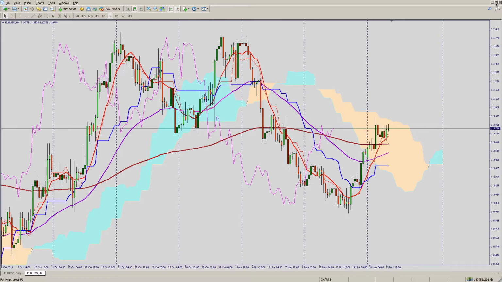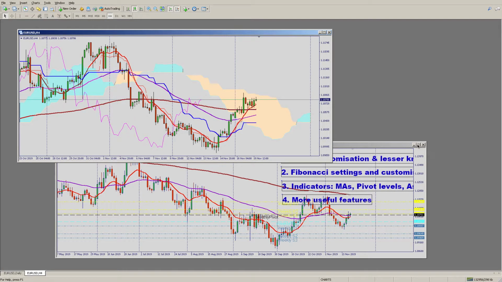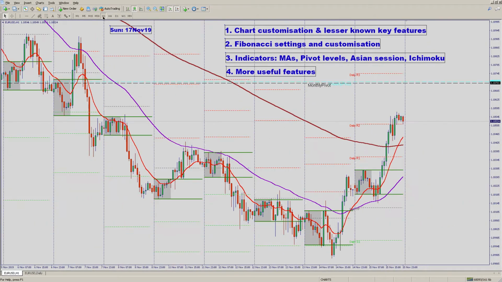Okay, so let's switch back to the other chart and finish up with pivots. All right, and you'll see these dashed lines now. We are going to cover pivot levels or pivot points, and these are daily pivot levels.